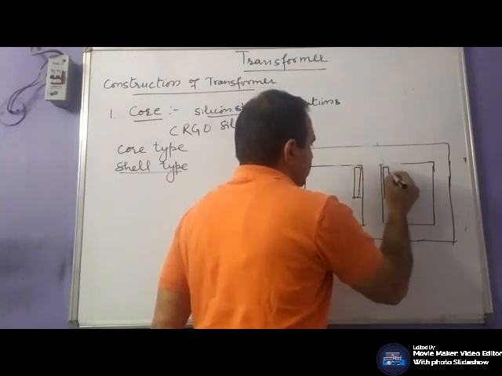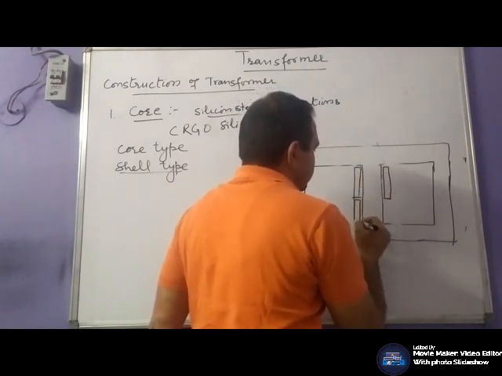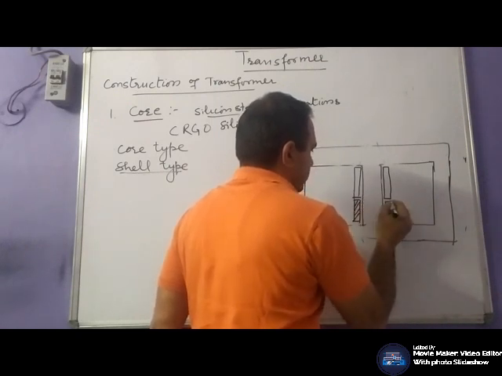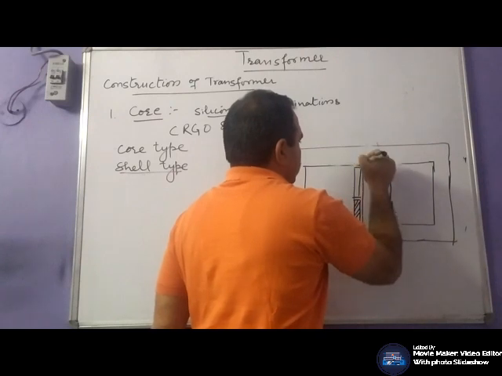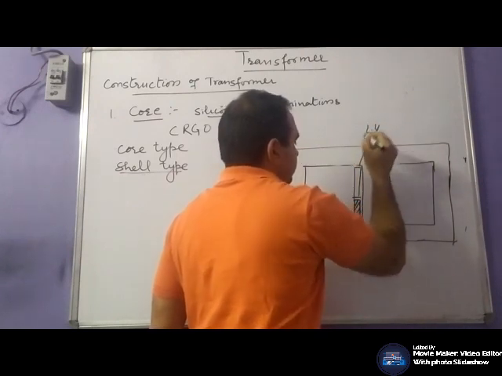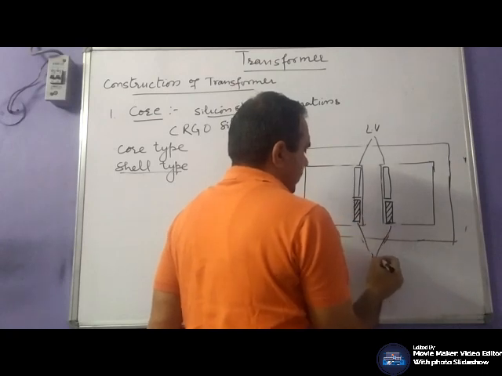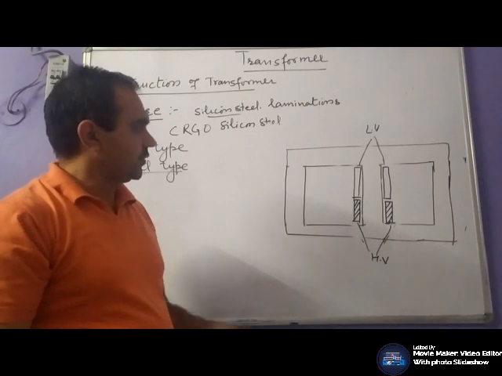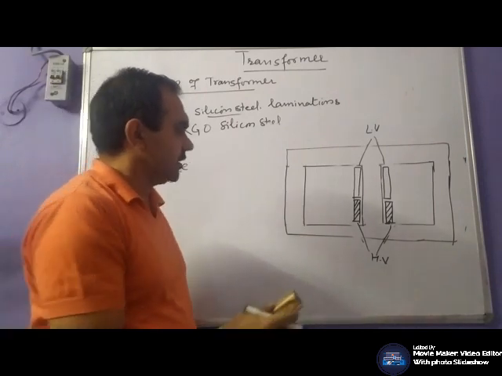In shell type transformer, this may be the configuration. Half portion low voltage winding is connected, in the other half portion high voltage winding is connected. So any type of configuration may be there.